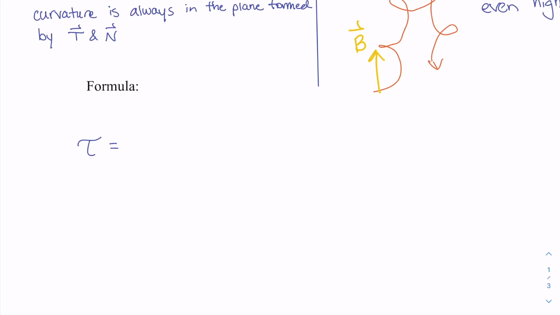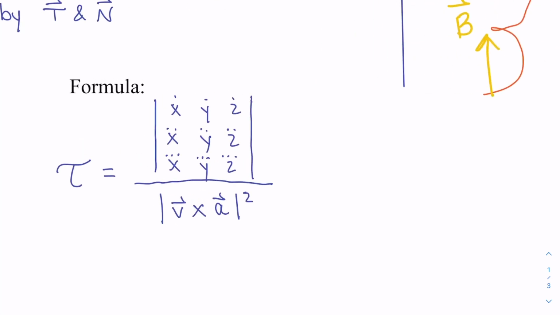And the formula is the determinant of this 3x3 matrix, which has x, y, and z dot, x double dot, y double dot, z double dot, and x triple dot, y triple dot, and z triple dot. So the determinant of that matrix divided by the magnitude of the velocity vector crossed with the acceleration vector, squared.